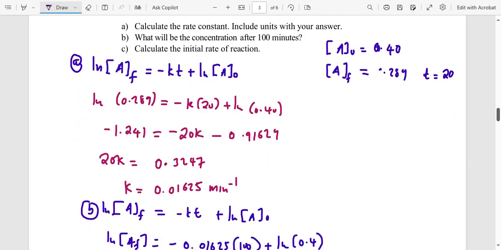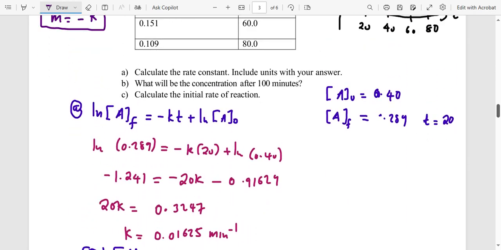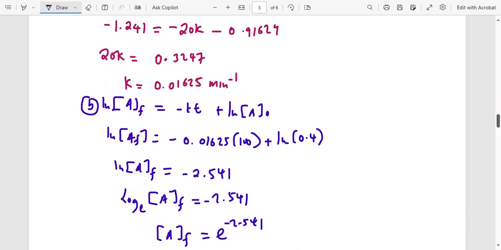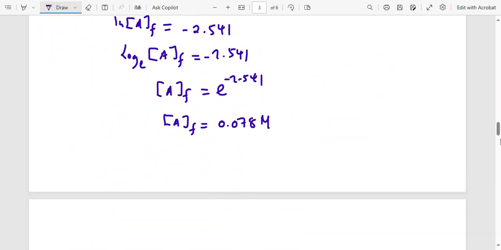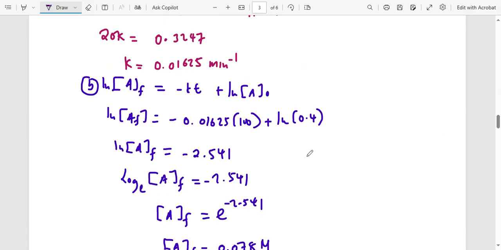But question C is asking us to calculate the initial rate, not any one of these. How do you find rate? Remember, this is a first order reaction. Rate is given by k multiplied by the concentration. First order is raised to the power 1.